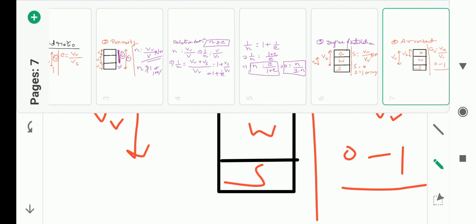There is another term called percentage air voids, right? Percentage air voids. Now it is denoted by Na, and it is the ratio of volume of air to the total volume.